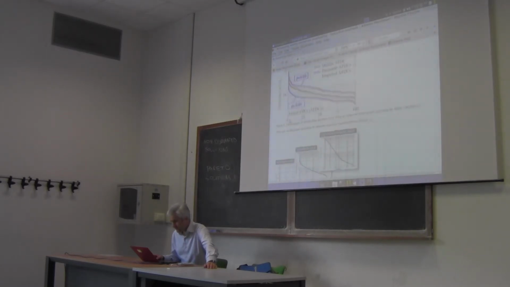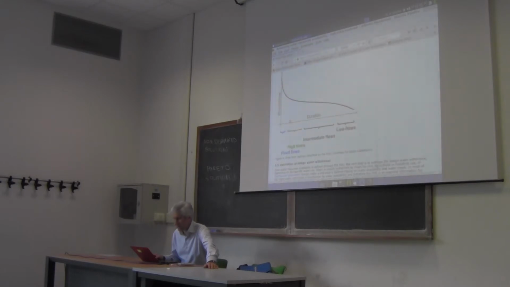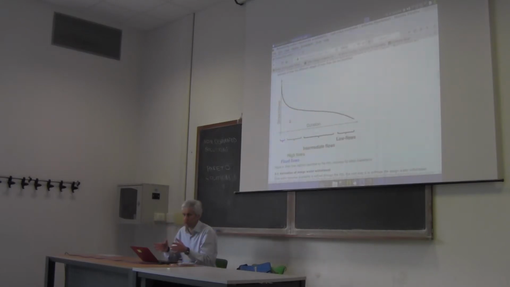And also, about the flow duration curve, there is a reasoning on river regimes and flood flows. So I may ask you, does the flow duration curve provide information on flood flows or not? And you have to reply that yes, no, it depends on how it is estimated, and everything is explained here.